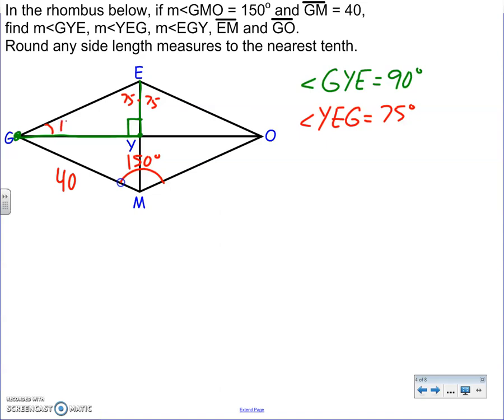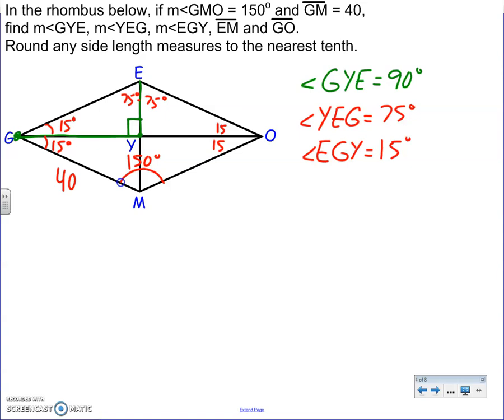That gives us 15 degrees here. So that was a pretty easy one. Angle EGY is 15 degrees. If that's 15, this bottom's also 15. Then the whole thing's 30. These are 15s. So that's how a rhombus works.